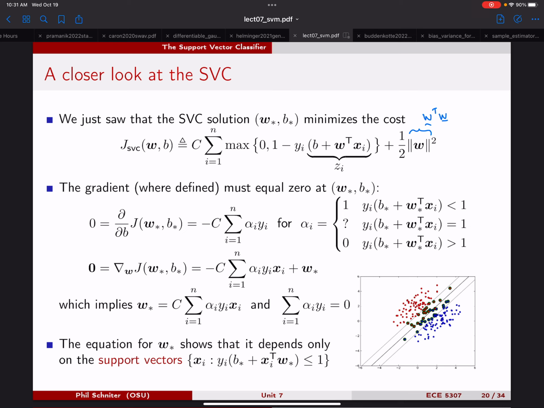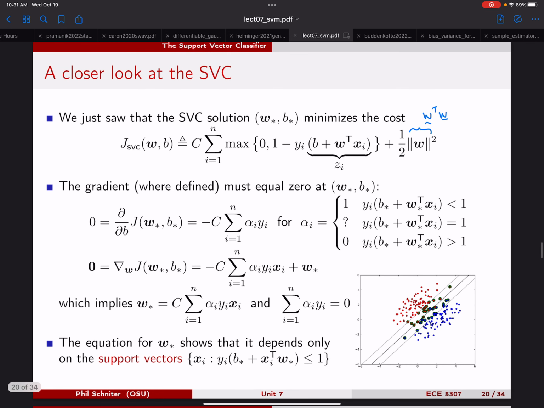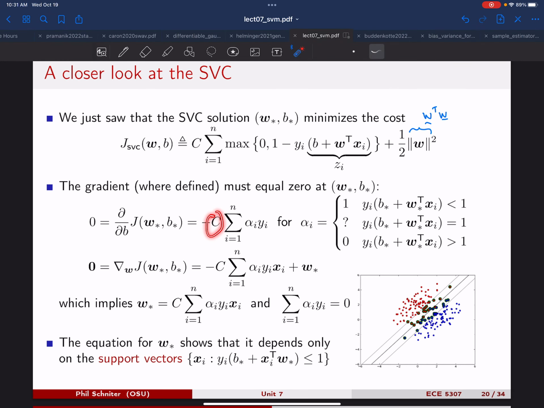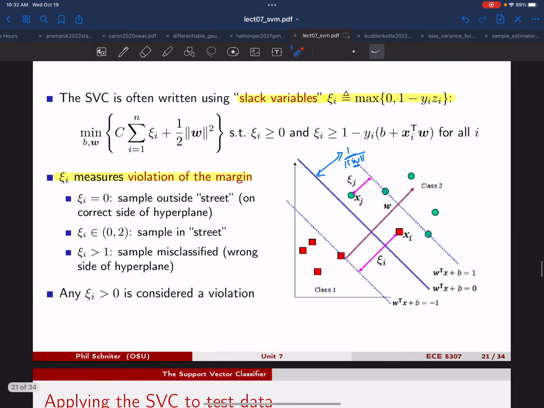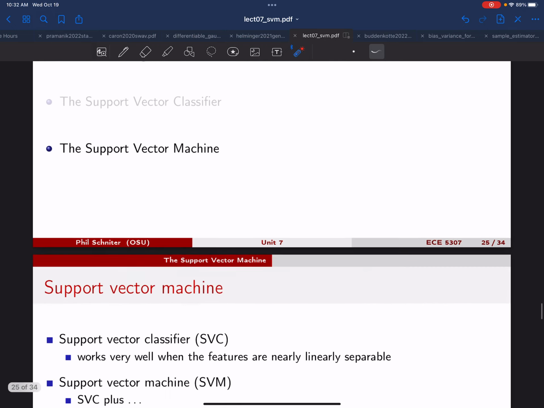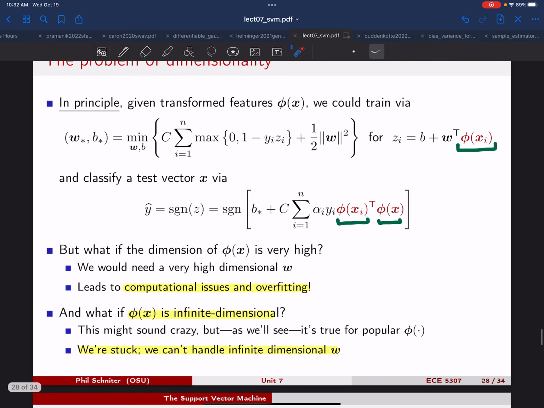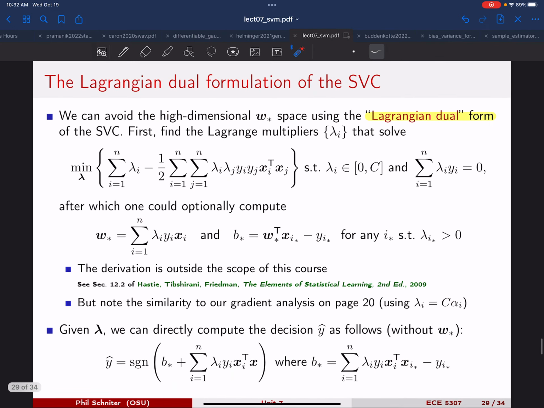So this is like our C, and this C alpha i plays the role of lambda i, and so on. A lot of these equations show up back on this page.